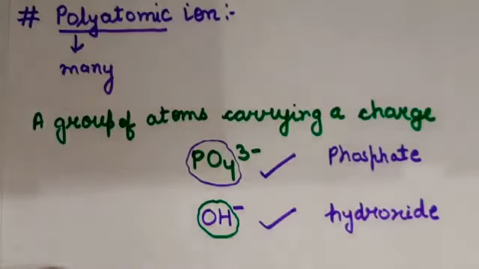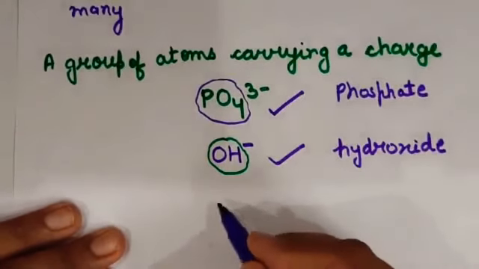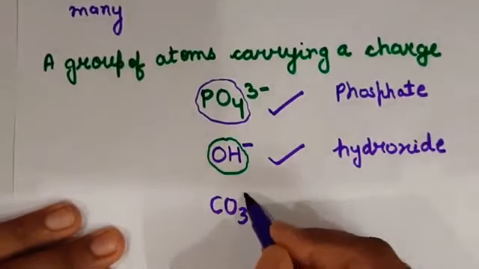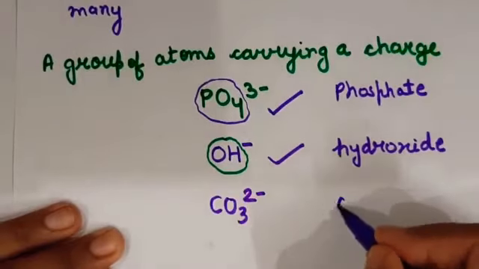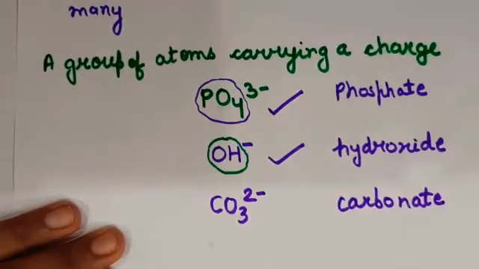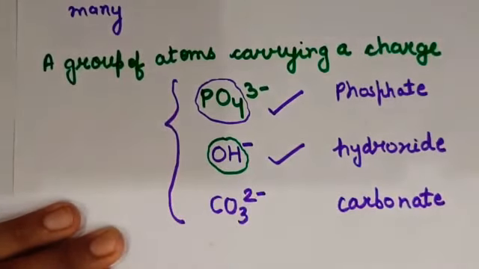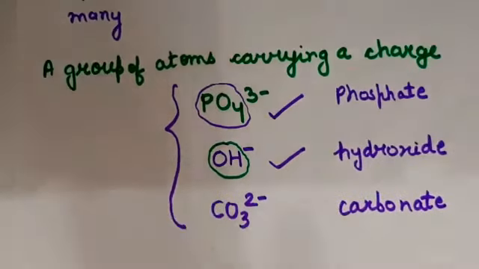Okay. So there are various polyatomic ions like sulfate ion, carbonate ion. Carbonate ion is written as CO3 di-negative. This is carbonate ion. Okay, so all of these are polyatomic ions. So I hope now you are clear with this.